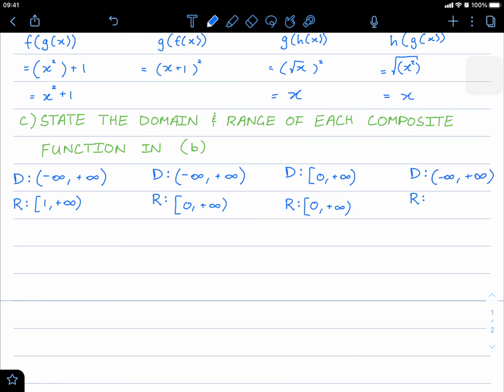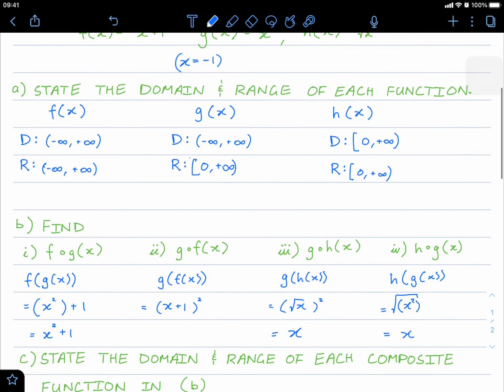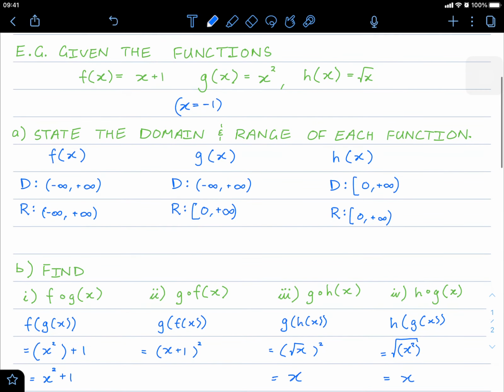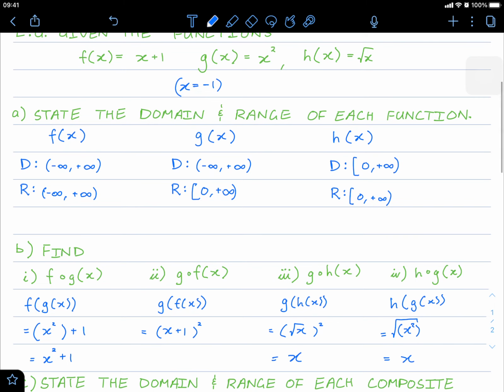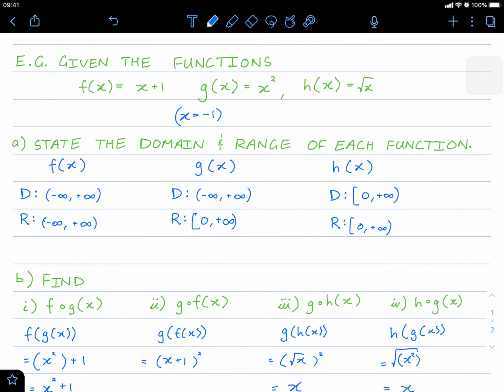But its range, even though it's a parabola, the results from here are always substituted into square root x. So for example, if we were to substitute x equals -1, we substitute that into g, we get 1.